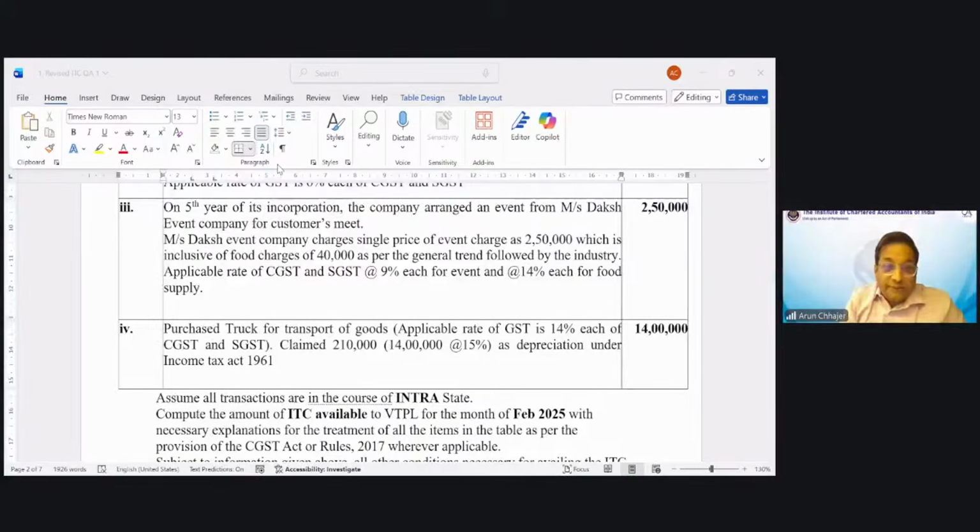No ITC on depreciated goods. ITC is available on 1190. Okay. My God. Everyone, I request you to give me the answer, because there is a lot of doubt. Based on your answers, it appears that there is a lot of doubt.